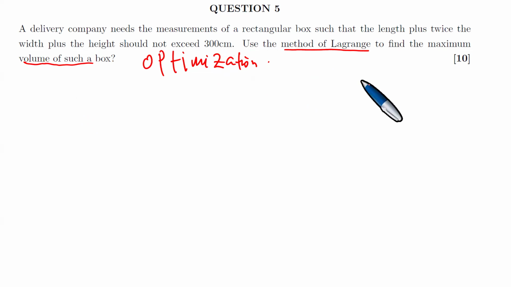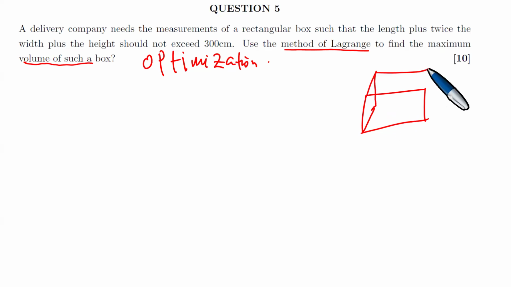And this box is a very exciting box. Here's the box. x, y, z: the length, the breadth, the height. So the height of the box is like z. Okay, something like that.